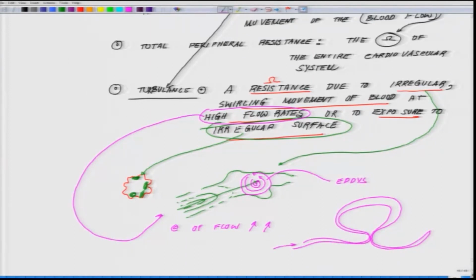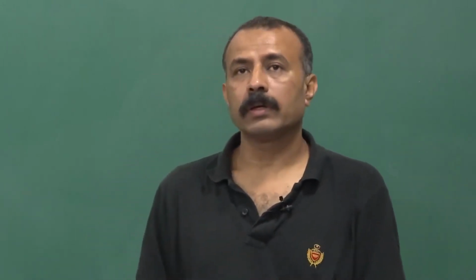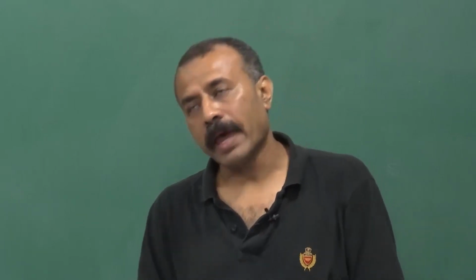The blood is coming like this, then it is traveling, and these kinds of irregularities in the structure cause a lot of unusual flow patterns, and that at times may lead to rupture of the vessels, hemorrhage, and several other complications.